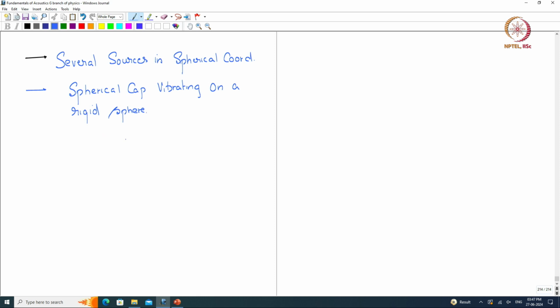So there is a rigid sphere, and there is a cap, and this cap vibrates back and forth harmonically.